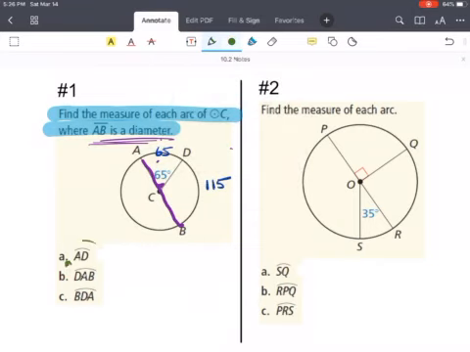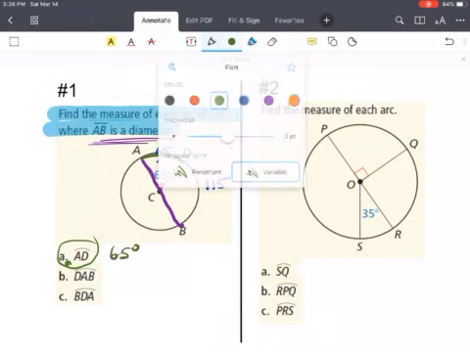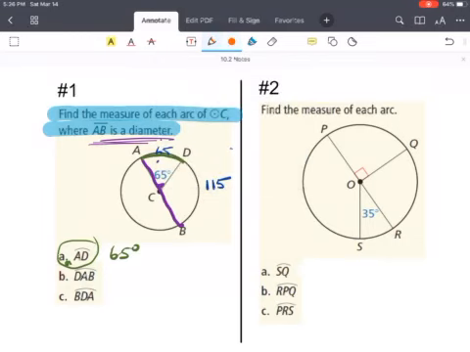If I want to find the measure of arc AD, from A to D, it is going to equal 65 degrees. If I want to find the measure of arc DAB, I have to start at D. I cannot go directly to B. I have to go through A and then to B. I have a 65 degree arc plus the semicircle, so it's going to be 65 plus 180 to get 245 degrees.